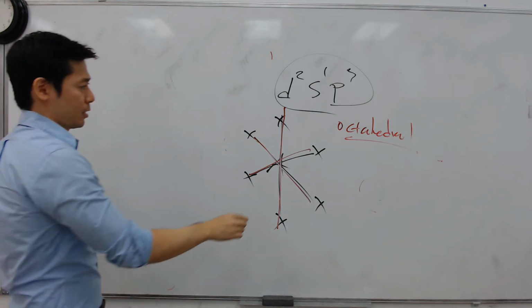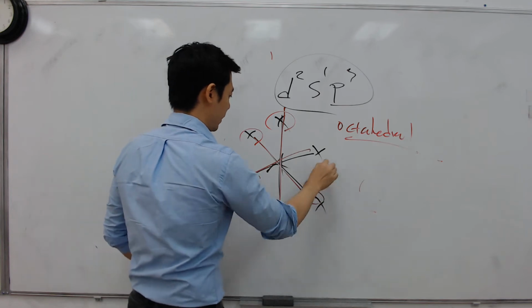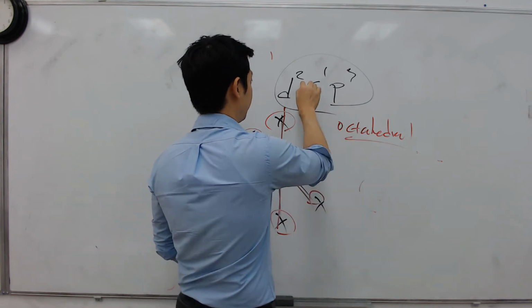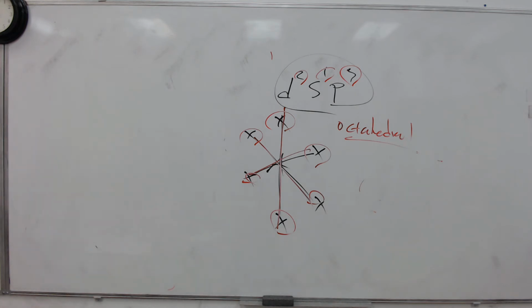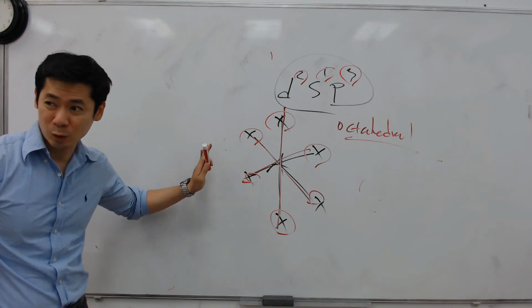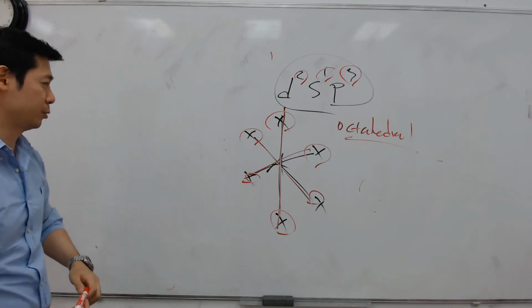As you can see, guys, 1, 2, 3, 4, 5, 6. If you add these up, it becomes 6. That's an octahedral shape. It's something you have to know for the AP as well, I can't just not do this.